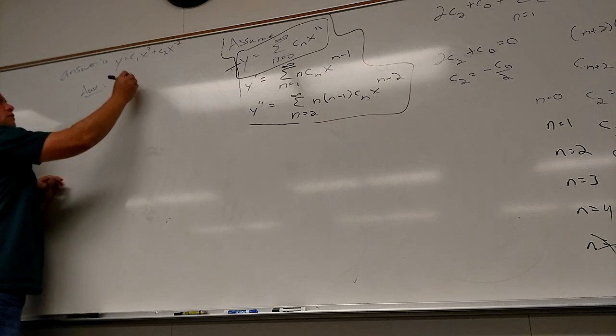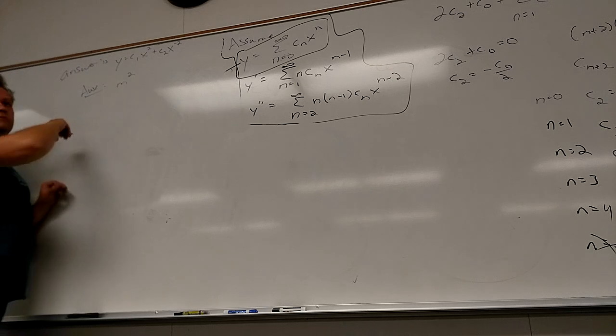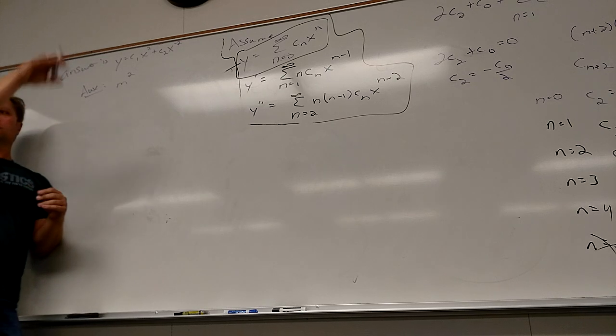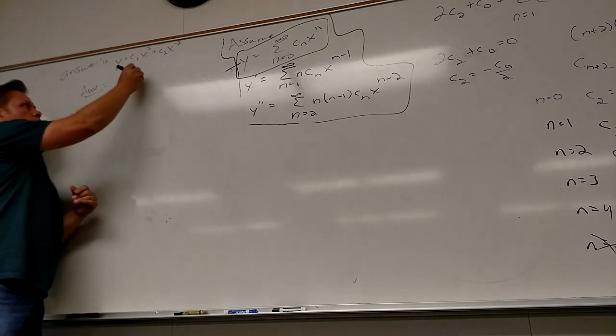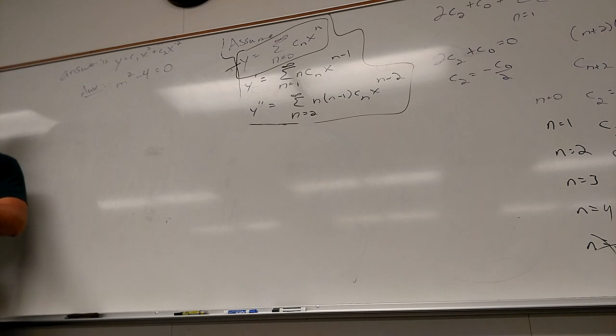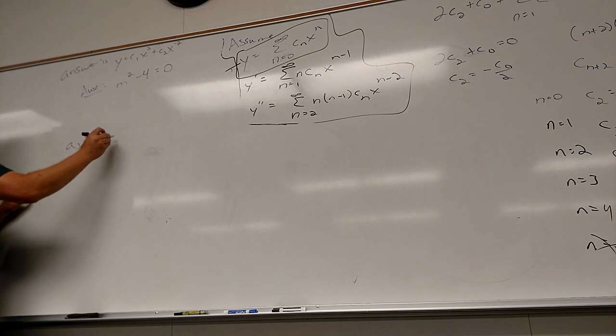Yes, m squared minus 4. Because otherwise you get complex solutions, in which case I would have had cosine and natural log of x running around. Right? So here's what we're working towards, right?